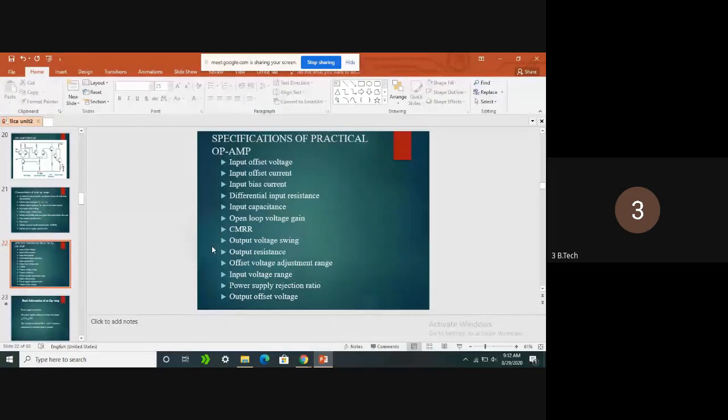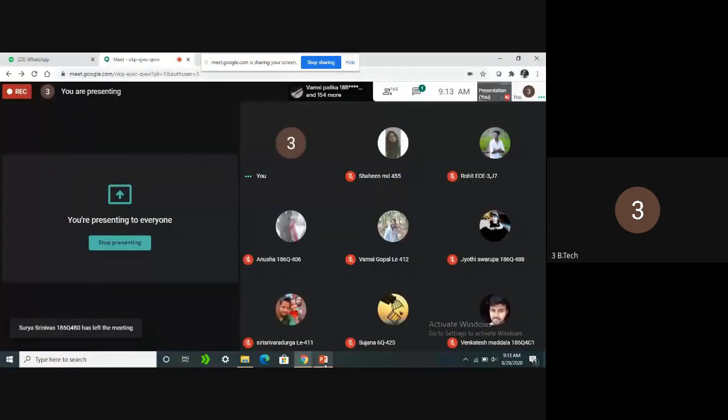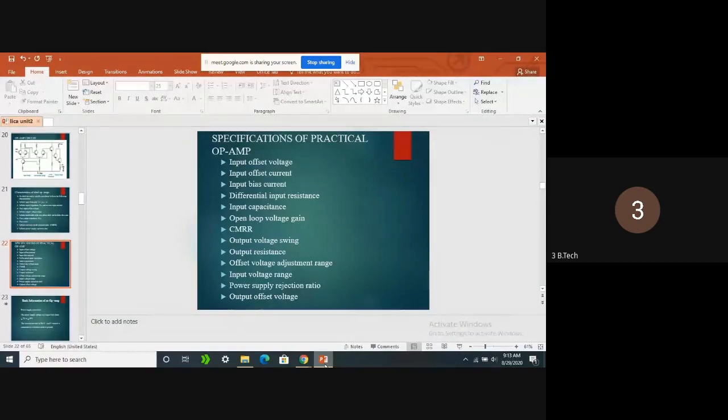Why do we need to consider input capacitance while applying AC sources, and why can we neglect input capacitance while providing DC sources? Can anyone answer? You have to answer this question.